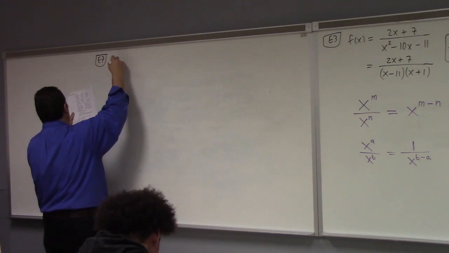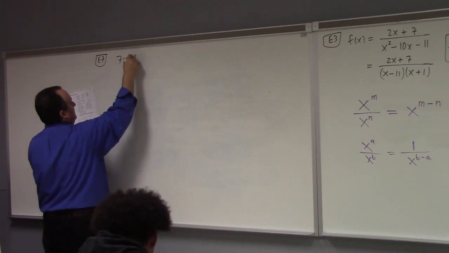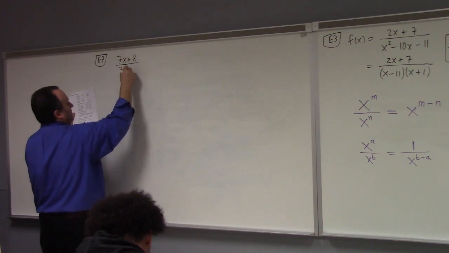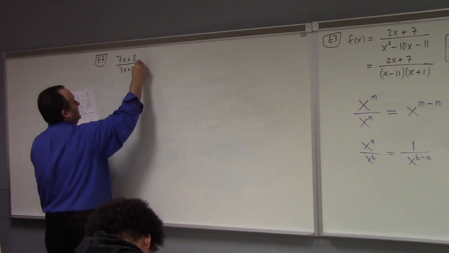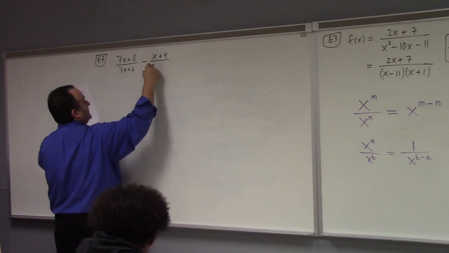Where'd that thing gone to? I just saw it, now I lost it. It doesn't seem interesting at first, but it's kind of interesting. (7x plus 8) over (3x plus 2) minus (x plus 4) over (3x plus 2).